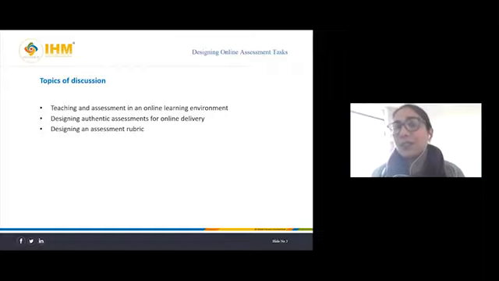Why are there differences in assessments when we do them face-to-face versus when they are changed to online delivery? Most institutes have moved their course material from face-to-face into online, but let's see what the pitfalls in that are. And at the end, we'll be talking about designing an assessment rubric. Not much talking, but reflecting upon what we already know.